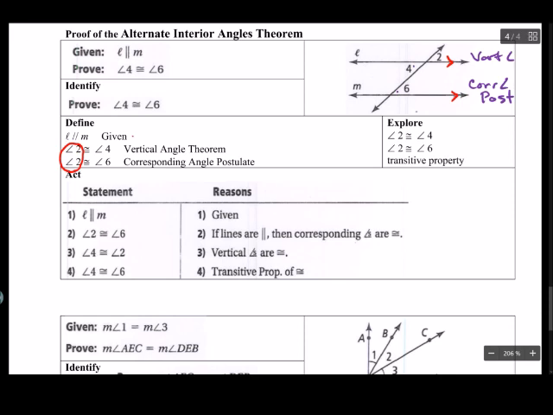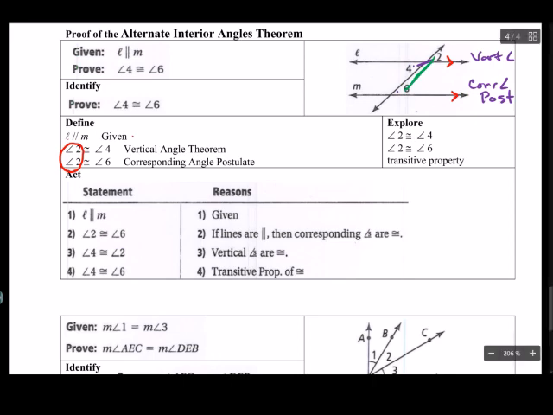Angle 2 is going to connect angle 4 and angle 6. We can connect 2 and 4. We can connect 2 and 6. That's going to let us connect 4 and 6. So very simple proof here.